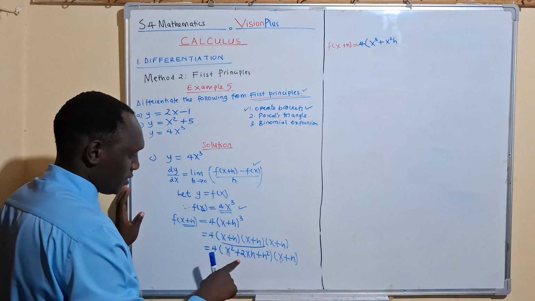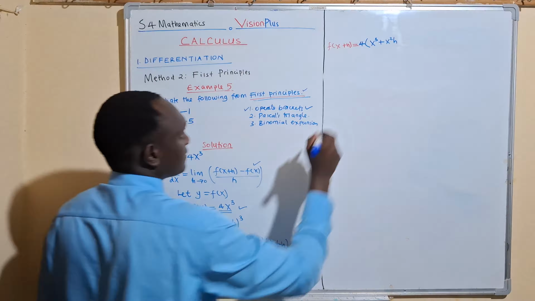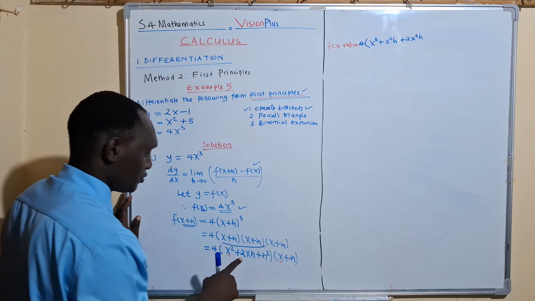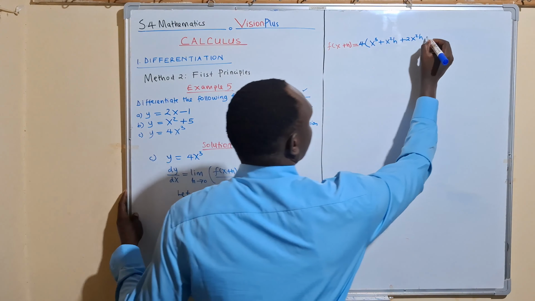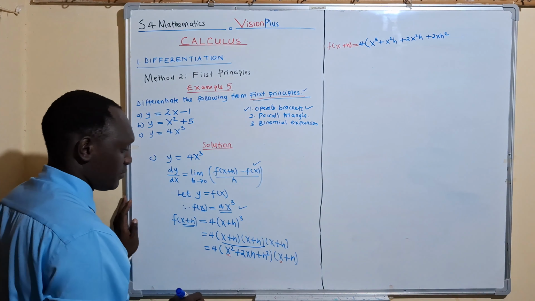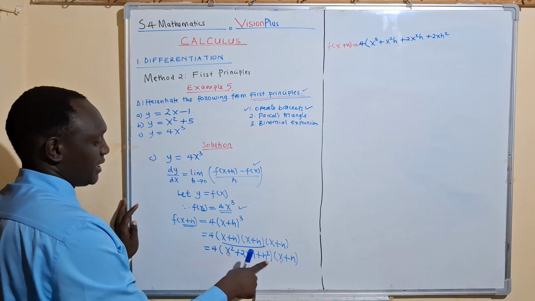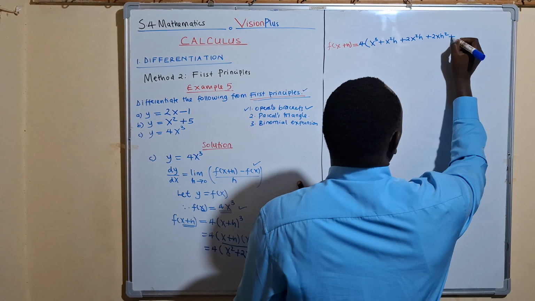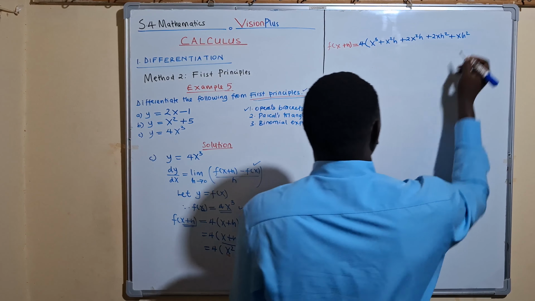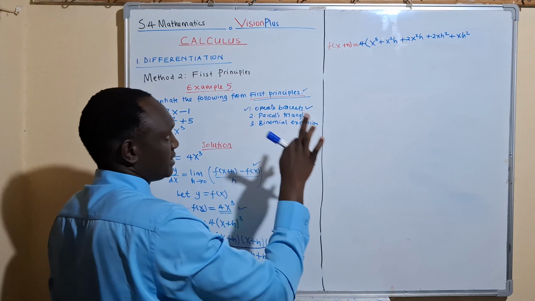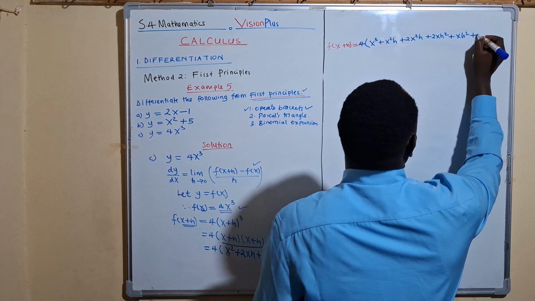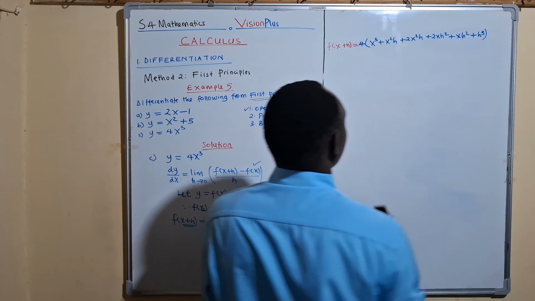Now that is done. 2xh times x, I'll get 2x squared h. 2xh times h, I'll get 2x h squared. Now that is done. Now we go to h. H times x, I will get x h, and then h squared times x is x h squared. H squared times h gives h cubed, plus h cubed in the bracket.